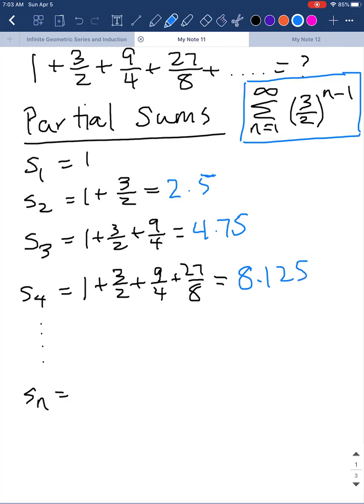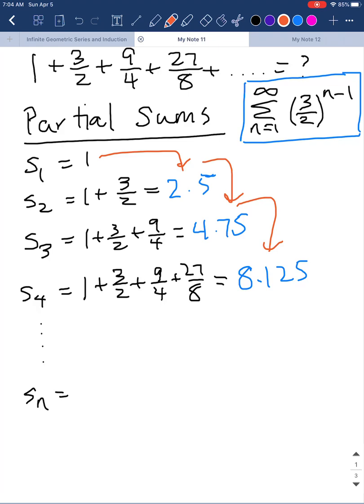Clearly, if we're looking at these first four terms, our sum is getting bigger, and it's getting bigger faster. From term 1 to term 2, it's increasing by 1.5, and then it's increasing by more than 2, and then by more than that afterwards.